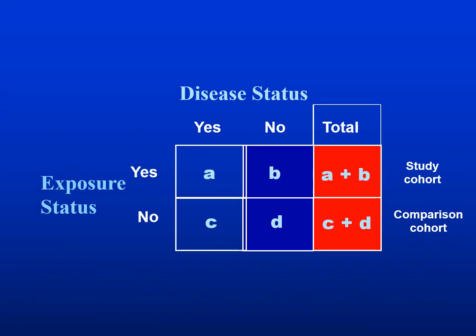Here is the tabulation of my findings, and as you see in this cohort study, I used the totals of the rows and I didn't use any of the totals for the columns, because the incidence rate of the disease among exposed is A divided by A plus B times 100, and the incidence rate among non-exposed is C divided by C plus D multiplied by 100.